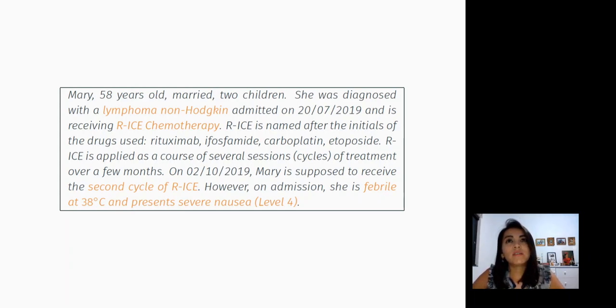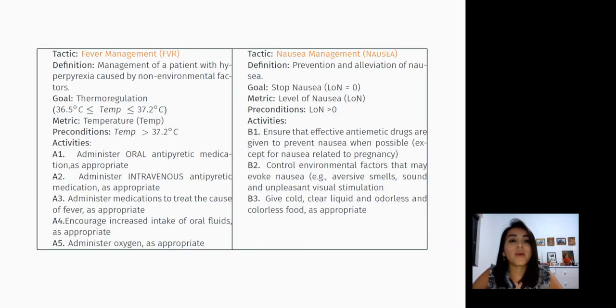The physician usually needs to evaluate several strategies to handle medical conditions. Assuming for this specific case that we have fever management and nausea management. Each of these has a lot of activities which interact with each other and have several constraints.